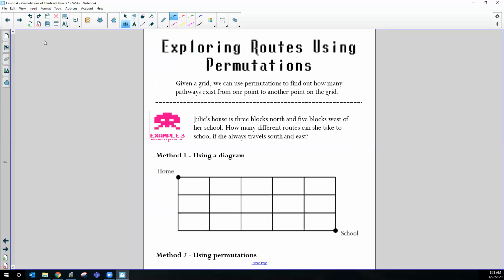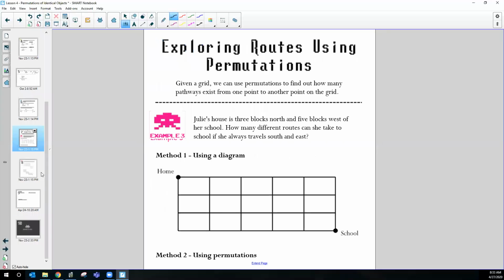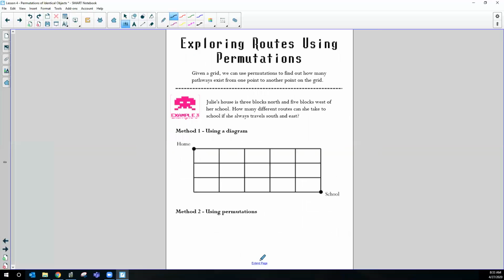Okay, moving on. We're going to go over these pathways and then one more thing. So exploring routes using permutations. This is always on the diploma. Fortunately, you guys don't have a diploma this year, but this is how you would do these. You need to count the ways that you can get from home to school.